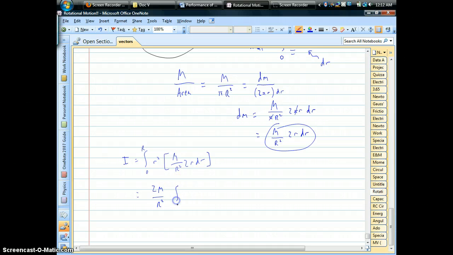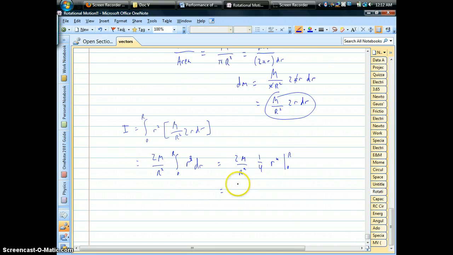And we're left with the integral of little r cubed dr. And when we evaluate this, the antiderivative is 1/4 r to the 4th, evaluated from 0 to R. 2 over 4 is a factor of a half. And we get big R to the 4th power. So lo and behold, we get this very famous and familiar answer that we've seen before, 1/2 mr squared.